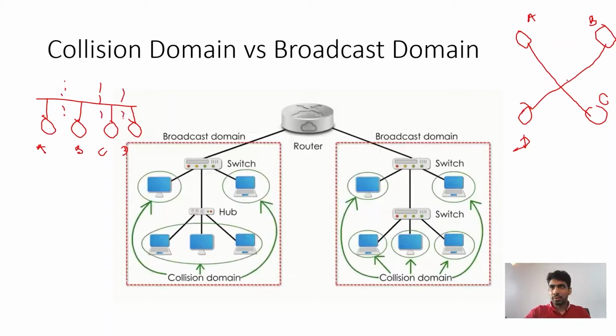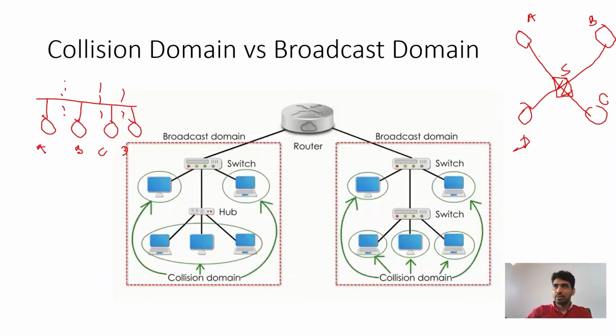If we are applying a switch here, just think this is a switch. When we apply a switch here, it divides this network into 4 collision domains. For each port of the switch, there will be a separate collision domain.